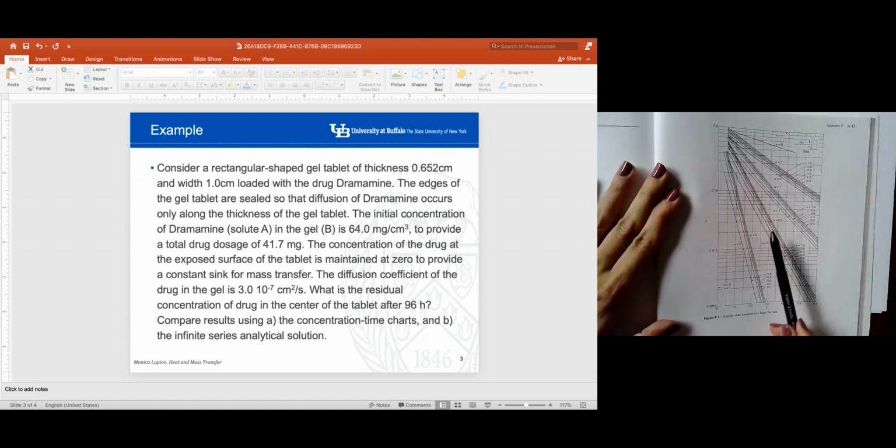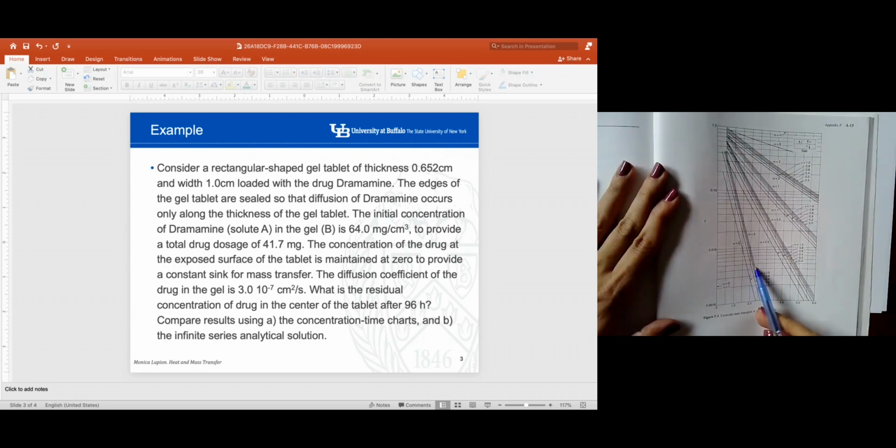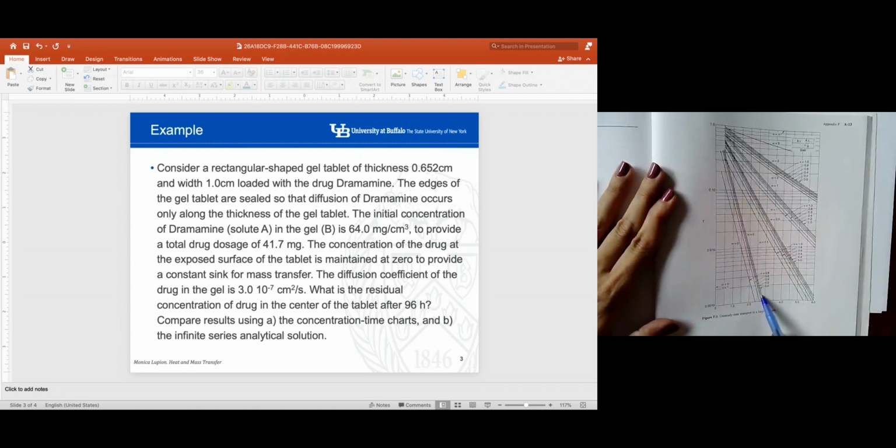So we have to pay attention to this area here with m, where m is equal to 0. N is equal to 0 as well. So we have that m is equal to 0, so we're in this region here, and n is equal to 0. So we pay closer attention, and this is the line, the one that is on the exterior of this group of lines. Okay, so this is the line.